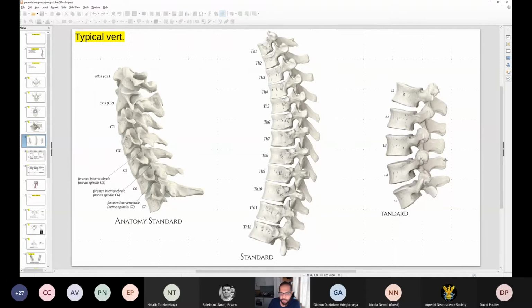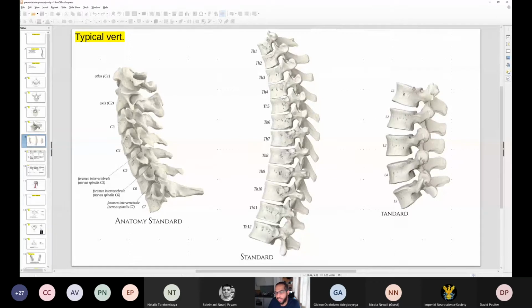They're a bit different in their orientation. In the thoracic spine, they're inclined and pointing downward. In the lumbar spine, they're straight and pointing posteriorly, and here they're kind of in the middle. So the point is, from looking at the spine, you can guesstimate what level you're looking at.